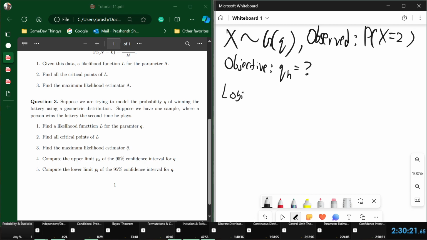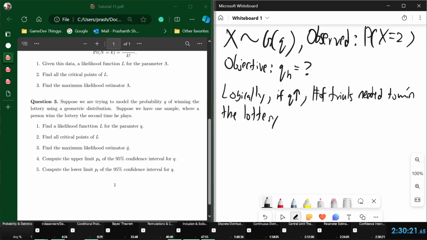Logically, if Q increases, because QH is the upper bound, the number of trials needed to win the lottery would decrease, because if your odds of winning are super duper high, chances are you would win in like the first time you play.